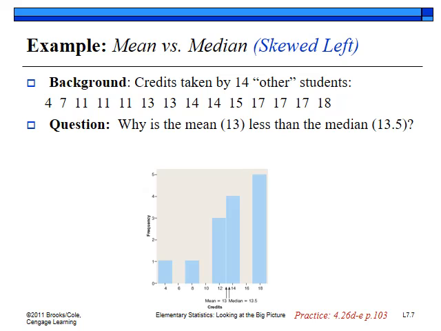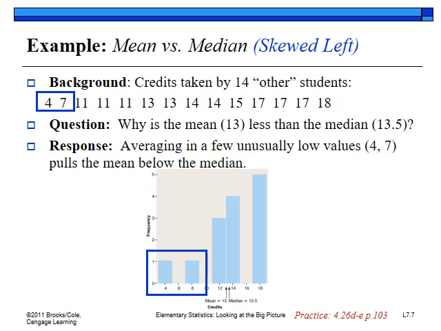Unusually high values don't affect the median, nor do unusually low values, but they do affect the mean. In this case, since this distribution has a left-handed tail, it's skewed to the left, these low data values will pull the mean away from the median in that direction.